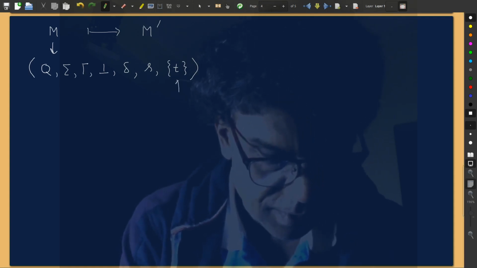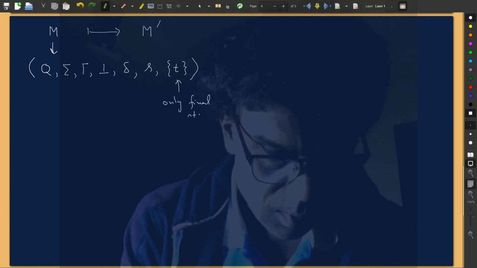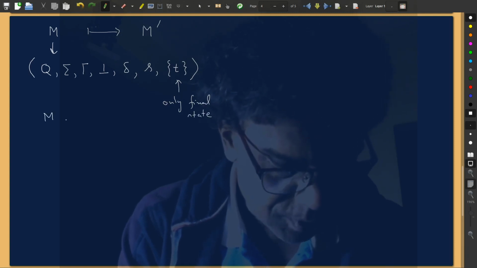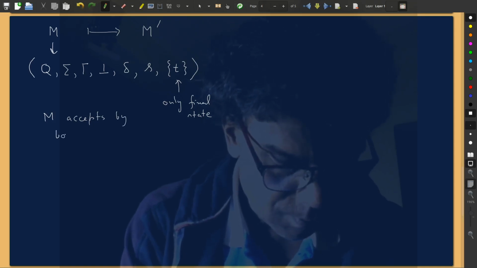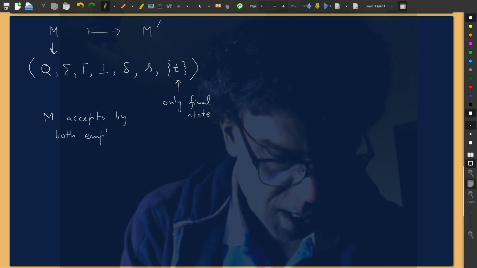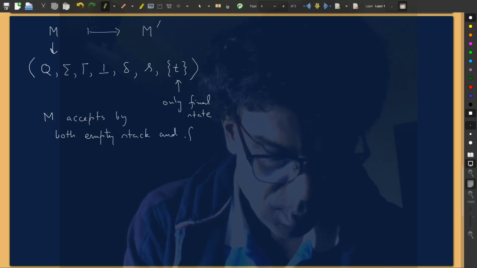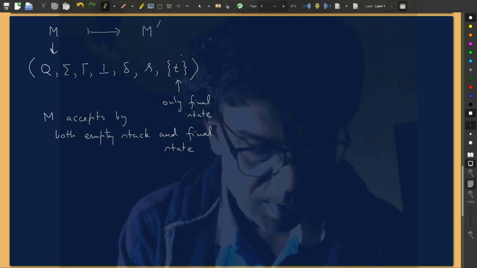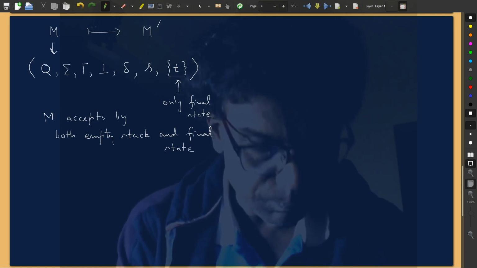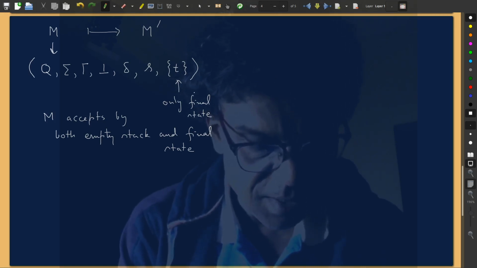So this is the only final state. So this construction we have already seen, which is essentially based upon the fact that once the machine reaches T, it is capable of emptying its stack at the state T and eventually accept.